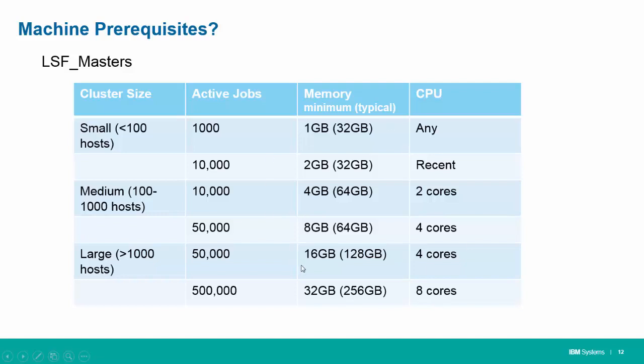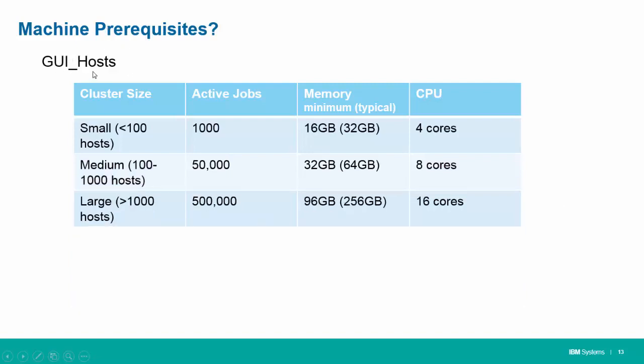So, you just size the machine according to your anticipated load. Likewise, for the GUI host, you want to do the same thing. Here, though, the requirements are a bit higher because the GUI process is a bit heavier. So you're going to see that we're going to want a minimum of 96 gigabytes and 16 cores for the large cluster.